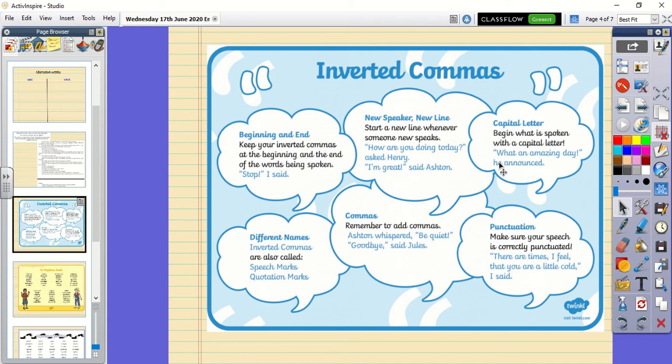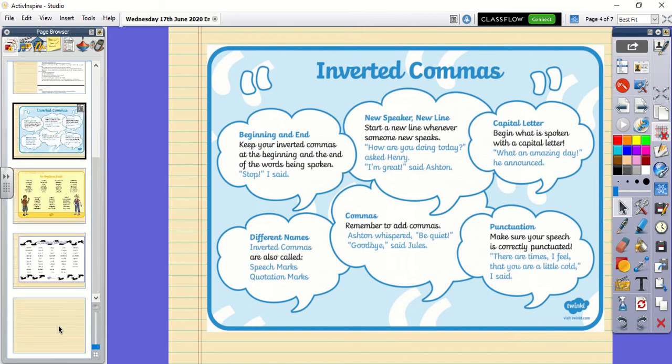Okay, that's really important to do. You need to make sure that you're adding commas either before what is being spoken or after what is being spoken. And also, if you're asking a question, you need to make sure that you are using question marks. If you're exclaiming something, you need to make sure that you are using exclamation marks. Okay, so making sure that your speech is correctly punctuated.